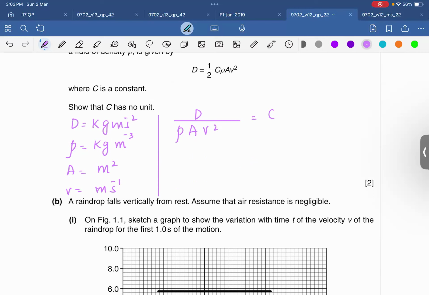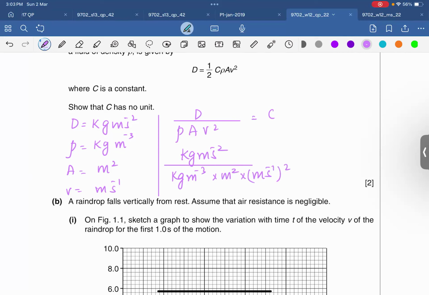So kg meter second negative 2, divided by kg meter negative 3 and meter squared for the area and meter second negative 1, and since it is squared, you have to square it.